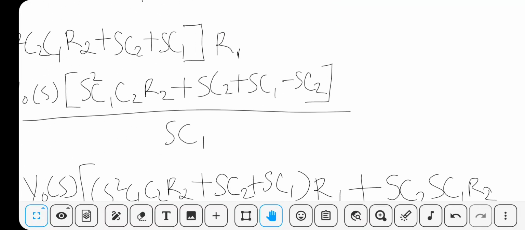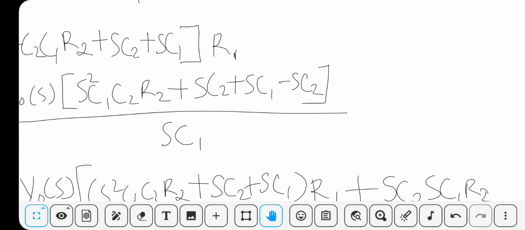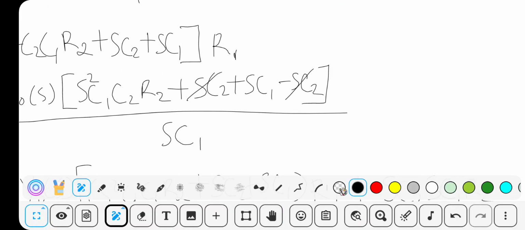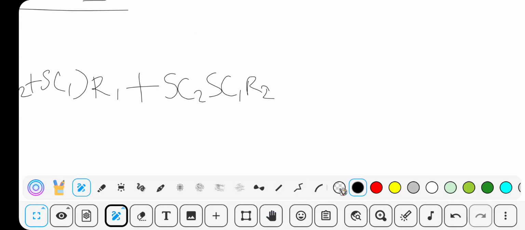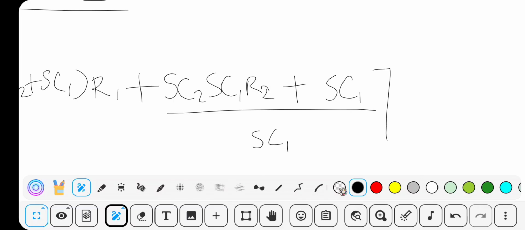These two, this will cancel out this from here, so we'll be left with only SC1 divided by SC1.